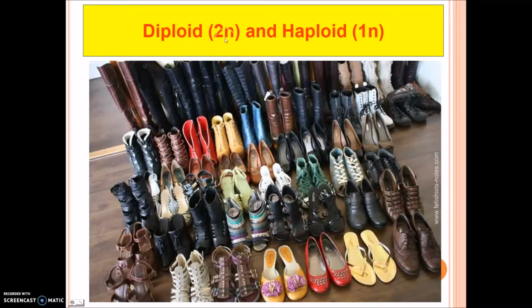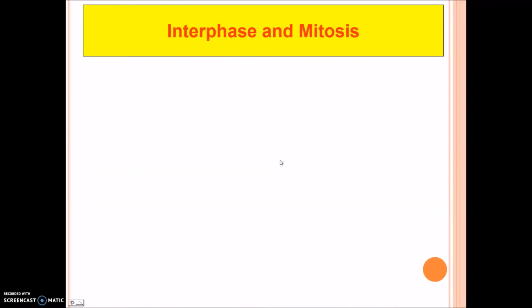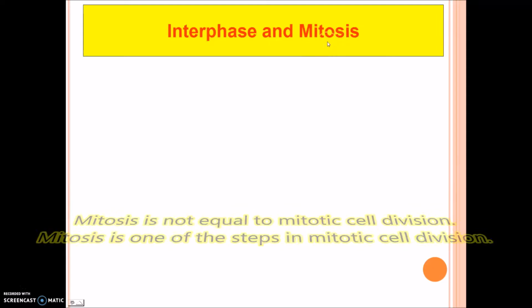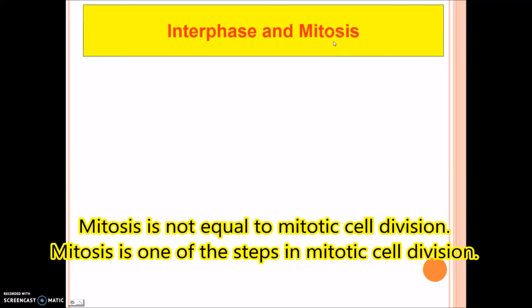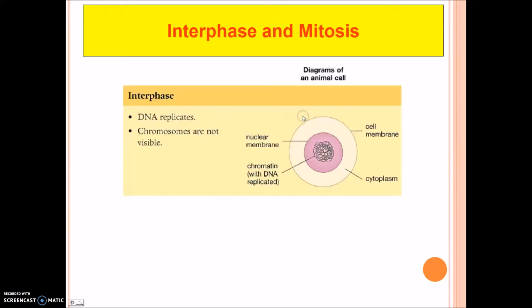These two words are used to describe the chromosome number, one set or two sets of chromosomes. After that, we need to talk about nuclear division, mitosis or meiosis. And before that, we also need to talk about interphase, how the cell prepares for nuclear division.